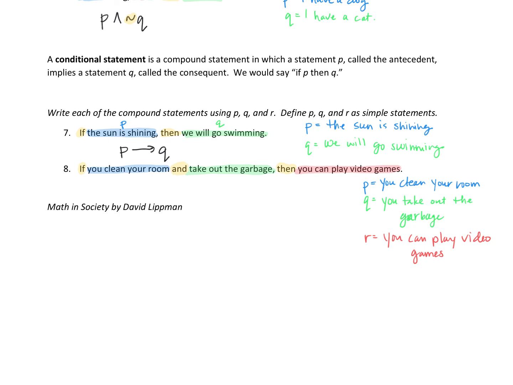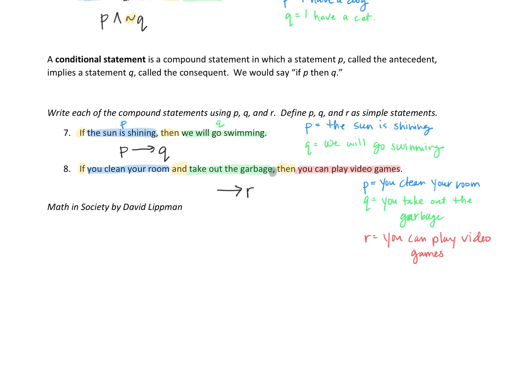So we want to connect these. First of all, we know that we're going to have an arrow because it's a conditional statement. After the conditional statement, that's the easy part. That's just R. That's all that's after then. But before, you have two things happening. Do you notice this comma? There's a comma right here.